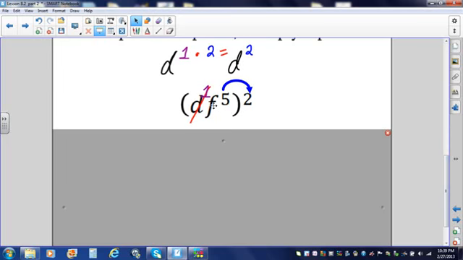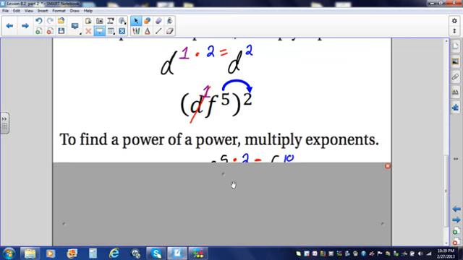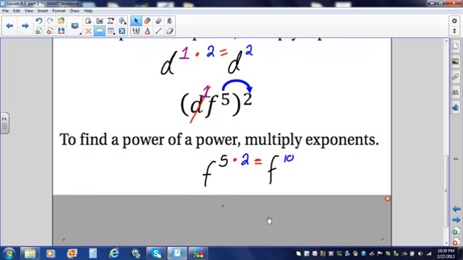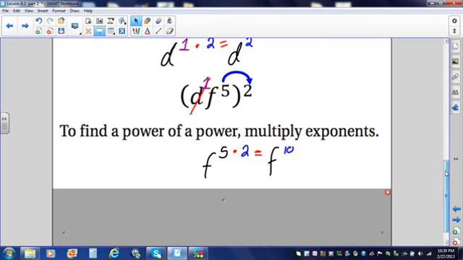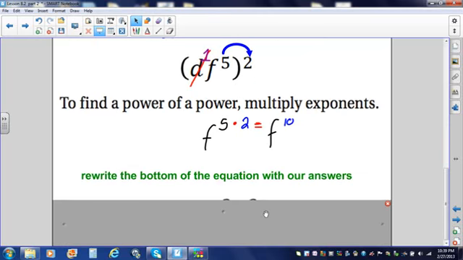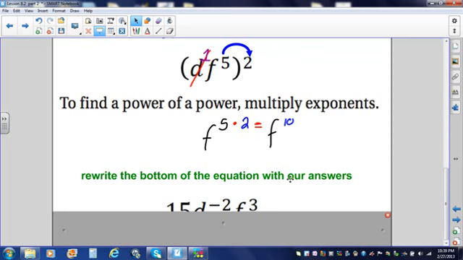Now I'm going to do f to the 5th power raised to the 2nd power. To find a power to a power, multiply the exponents. 5 times 2 is going to give me 10, so that gives me f to the 10th power. Now I'm going to rewrite the bottom of the equation with our answers.